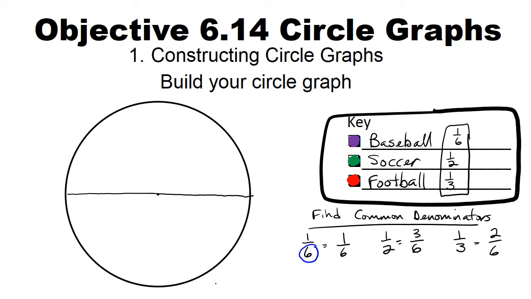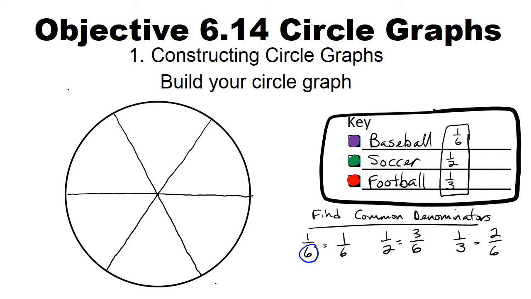I always start by cutting it in half. And then I say, okay, I need to create my 6 equal parts here. These parts need to be smaller than quarters, but bigger than eighths. So there's my 6 equal parts.